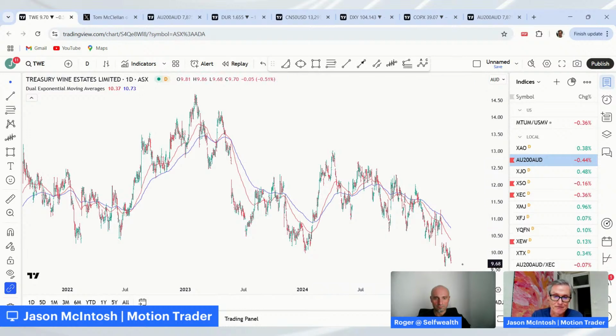For me, this is a stock I wouldn't be in, because the structure's been vulnerable for a while now. You can see all this price action below declining moving averages, and that's where the vulnerability opens. Vulnerability doesn't mean it has to fall, but if a stock's going to fall, much of the damage is typically done below the moving averages.